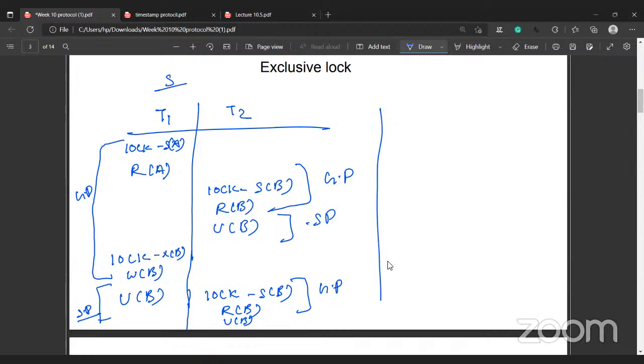So see, in the two-phase locking protocol, a transaction is said to follow the protocol if locking and unlocking are done in two phases: the growing phase and the shrinking phase.